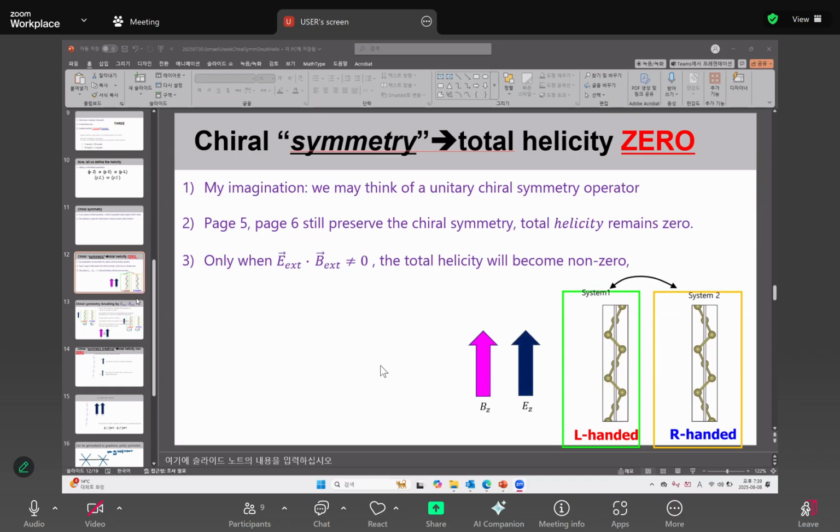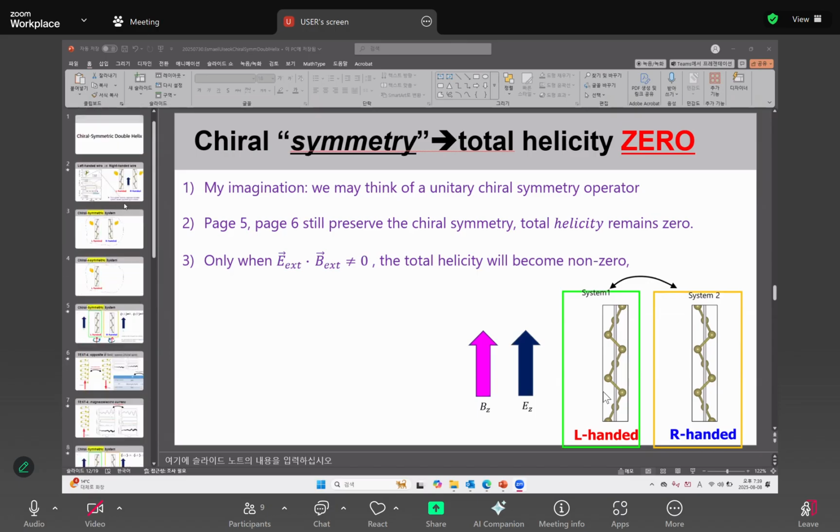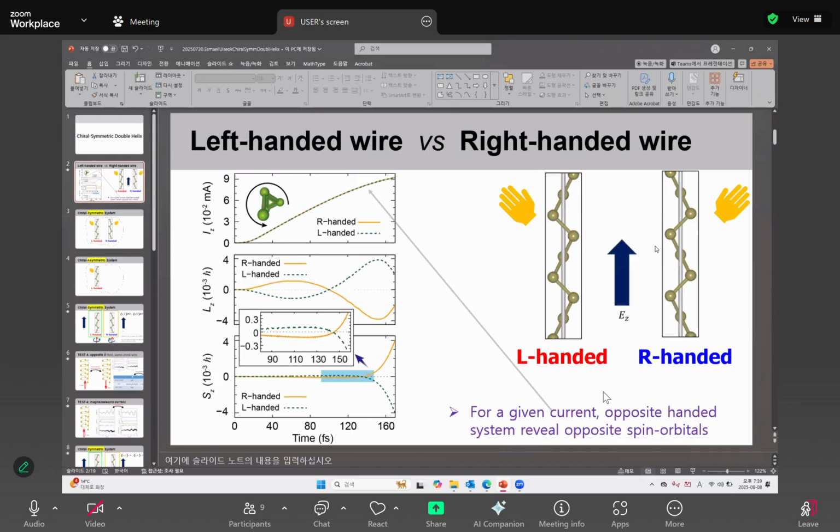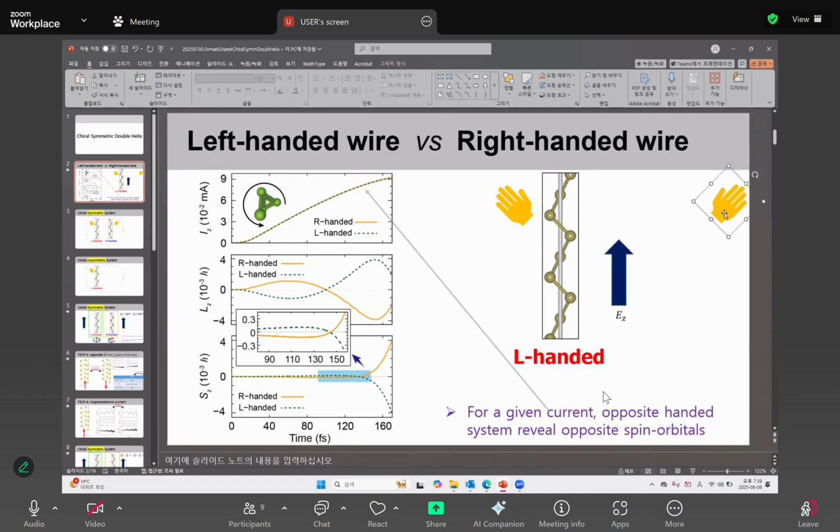Yes, but what kind of system? Which system? Yes, here, please remember that here we also calculated a single wire.